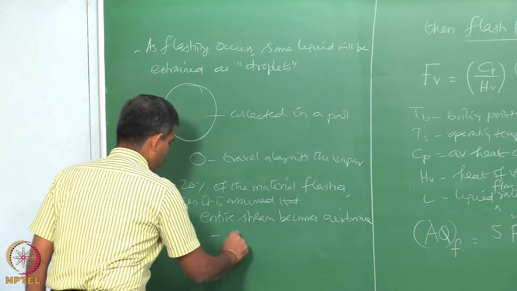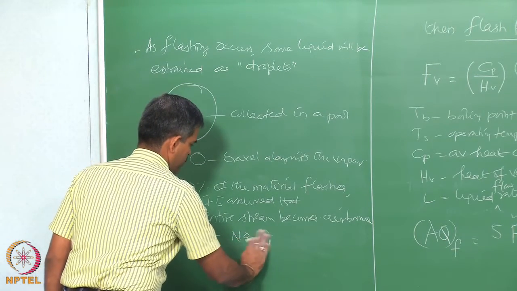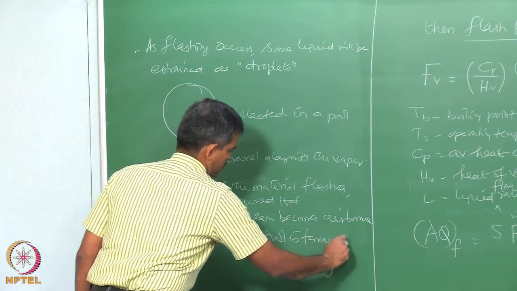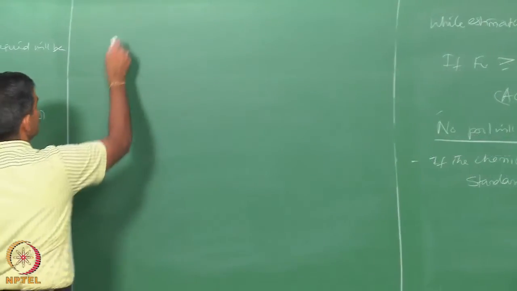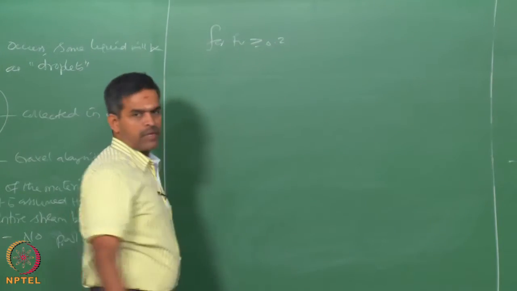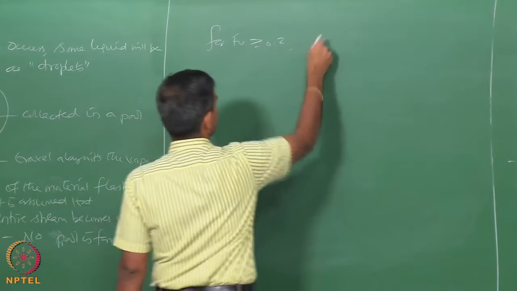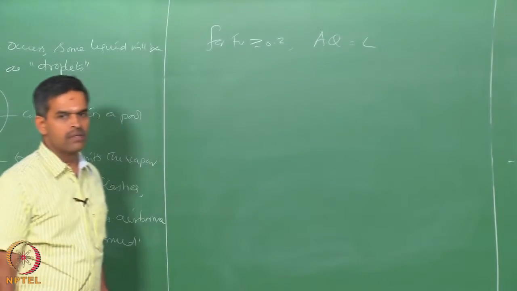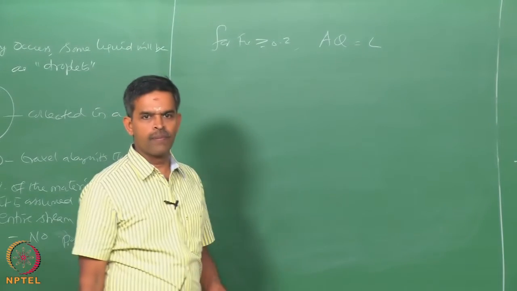Therefore, no pool will be formed. So, for Fe greater than or equal to 0.2, one can say that airborne quantity will be equal to the liquid flow rate and no pool will be formed.